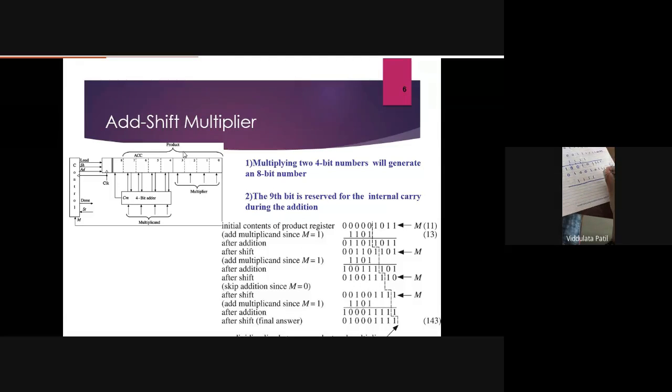So this is 1 1 1 0, 1 plus 1 is 0, carry 1, 1 plus 1 is 0, carry 1, 1 plus 1 is 0, carry 1, 1 plus 1 plus 1 is 1, and carry 1. So that will be added. Now shift this number to the right. So this will be 0 1 1 0 0 0 0 1 1, and this is my final answer. Just check for this answer.